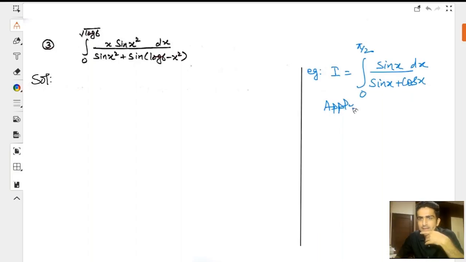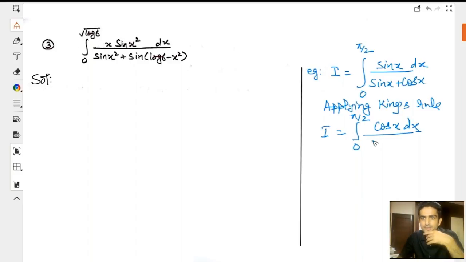We apply King's rule. And something which we get is really nice. Cos x plus sin x. All the sine terms become cos and the cos terms become sine.